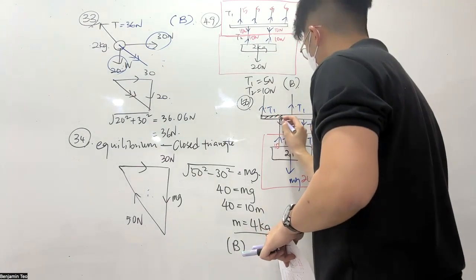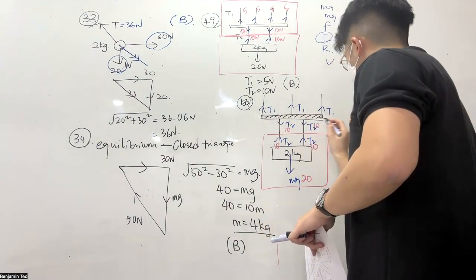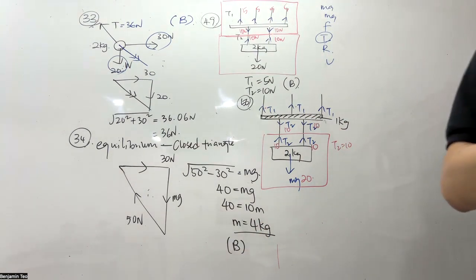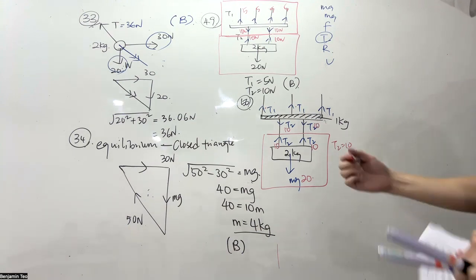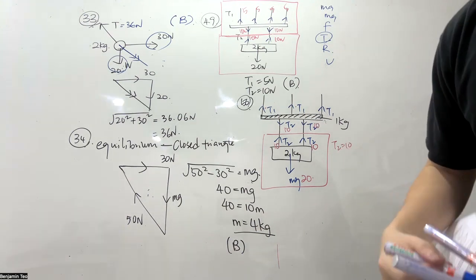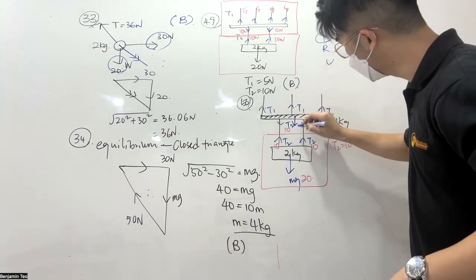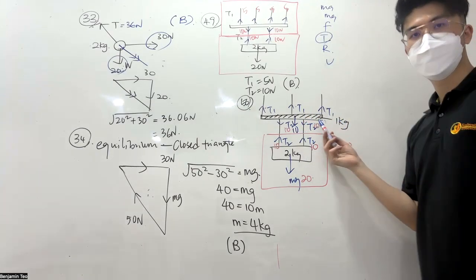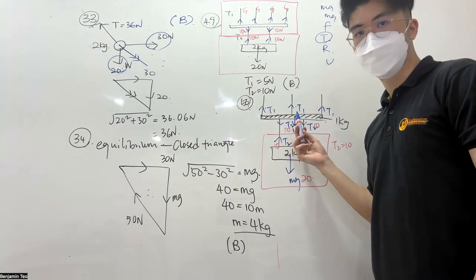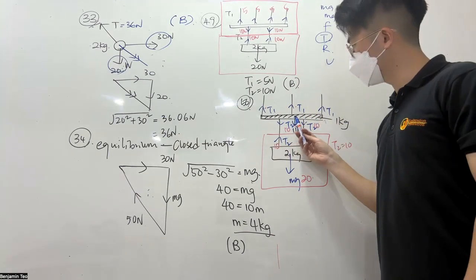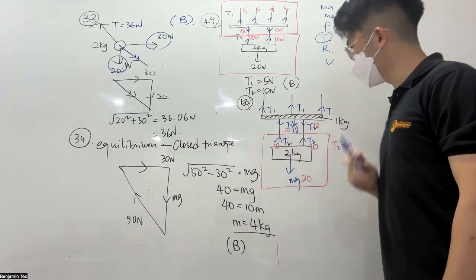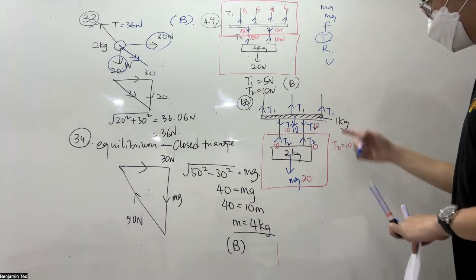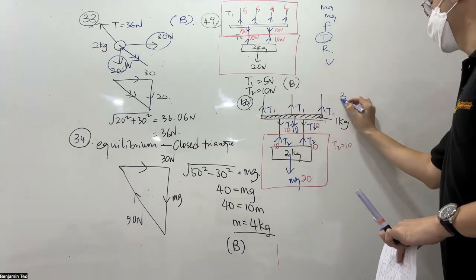Here, it says that the beam has 1 kg. What does that mean? Meaning that you got the mg for this one, 10. Because it's 1 kg now. So the mg of the upper beam is 10. So you got 30 equals to 3T1.